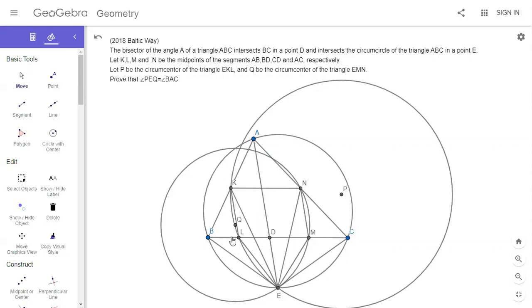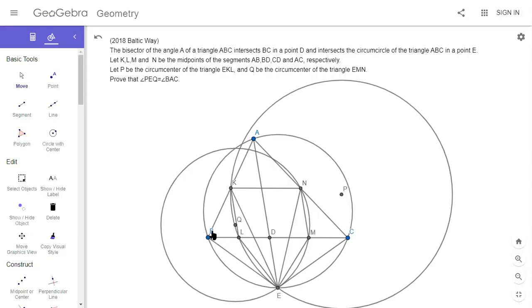So I can prove that BE is tangent to this circle and CE is tangent to the other circle, because basically the triangles BED and BEA are similar, but they're oriented the opposite way. You can prove that by an angle chase.